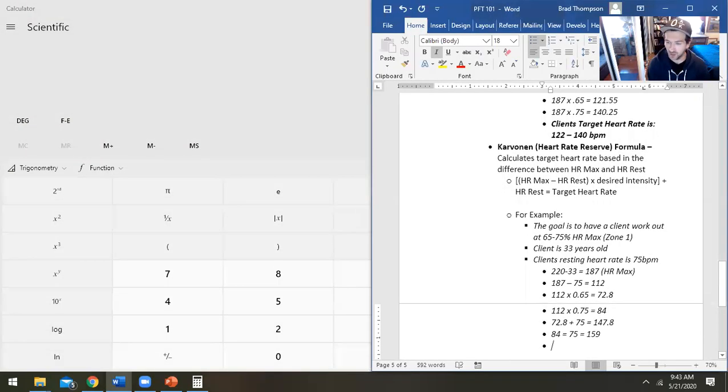So the client's target heart rate is 148 to 159.